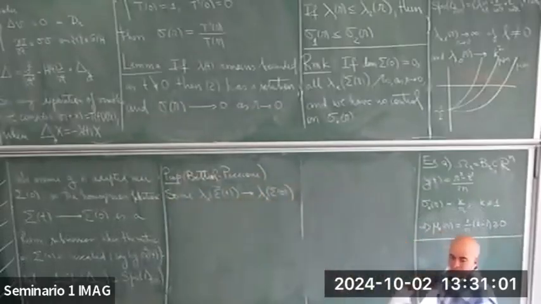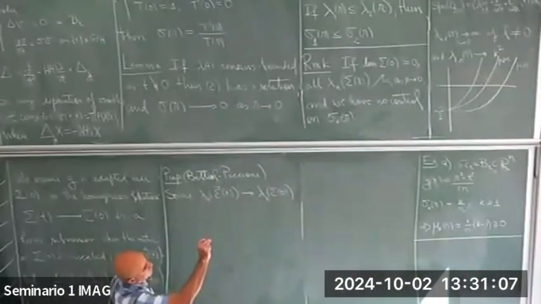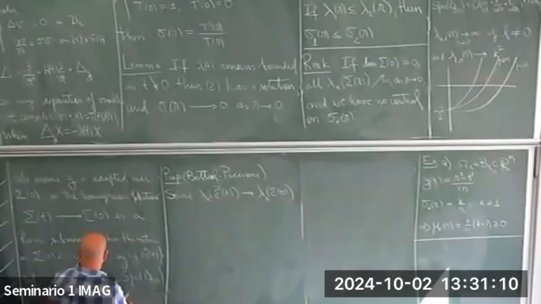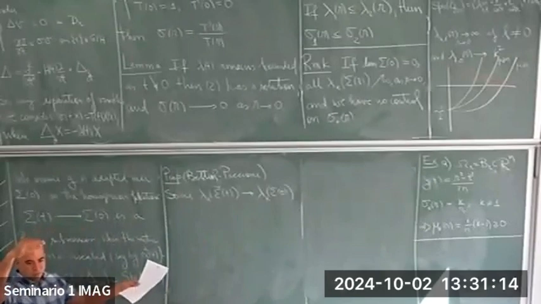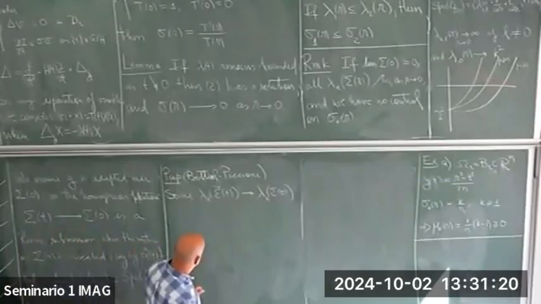That's what we need, right? Because look, this is exactly as in the example. You have a copy of the spectrum in the whole manifold when the parameter goes to 0. So the idea is the following.